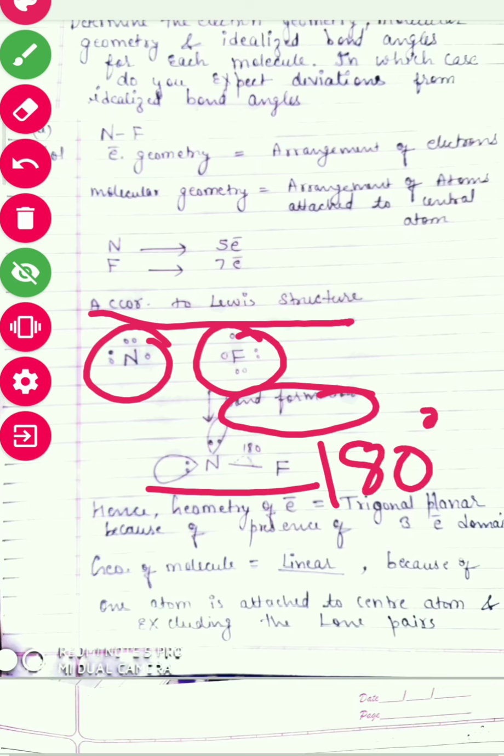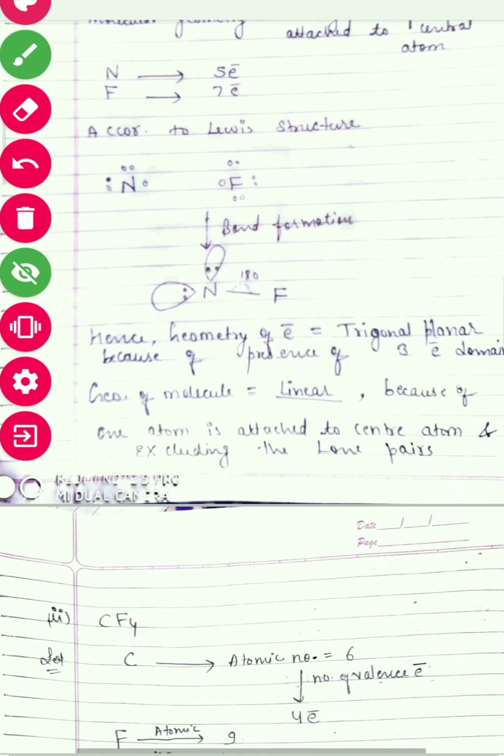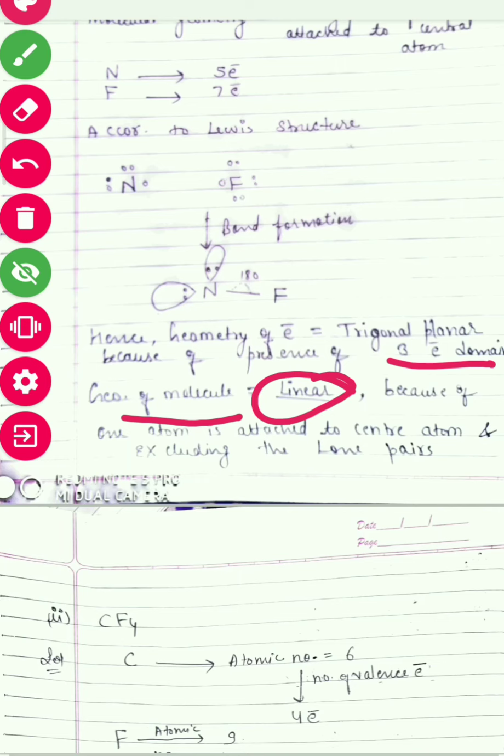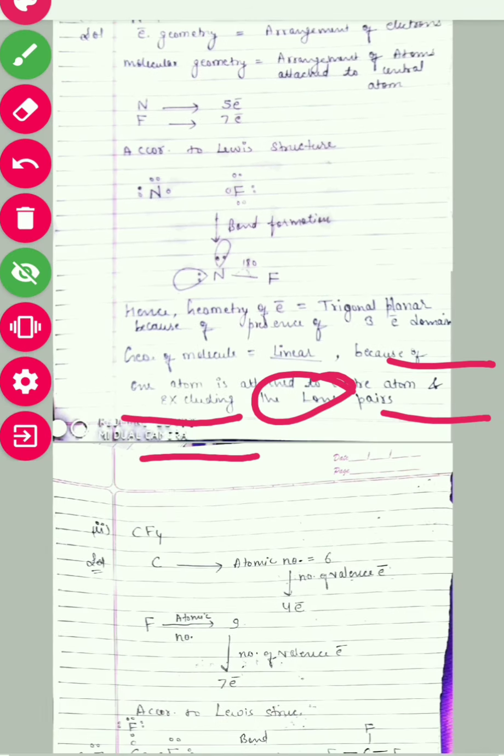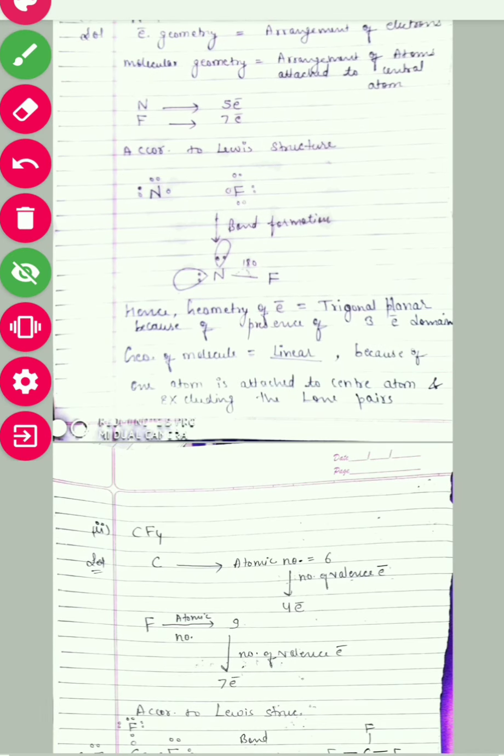Hence, there are 3 electron domains, so its electron geometry is trigonal planar. And the geometry of the molecule is linear because one atom is attached to the central atom, excluding the lone pairs.